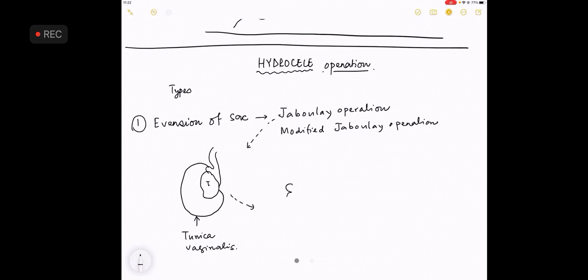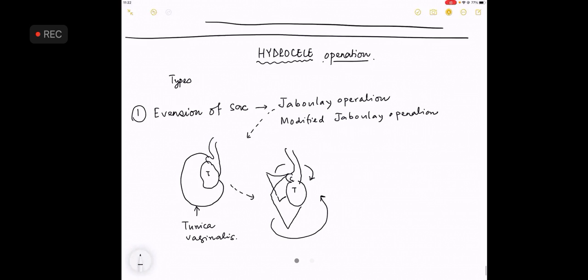So, what happens is that in this operation, the testes and the epididymis will remain okay. This is the spermatic cord. The tunica vaginalis is opened like a book and then is stitched behind the testes.